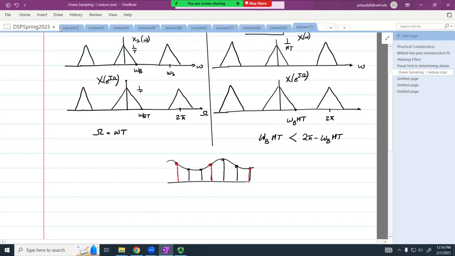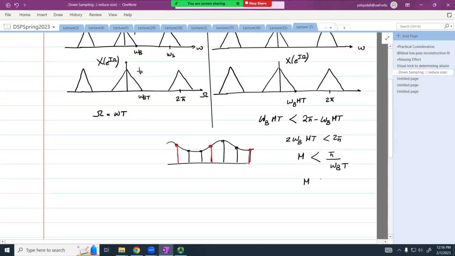So 2 omega_B multiplied by MT has to be less than 2 pi, and therefore M has to be less than pi divided by omega_B multiplied by T. Is that clear? So as long as M is less than pi over omega_B, I can downsample the signal and still be able to recover it.